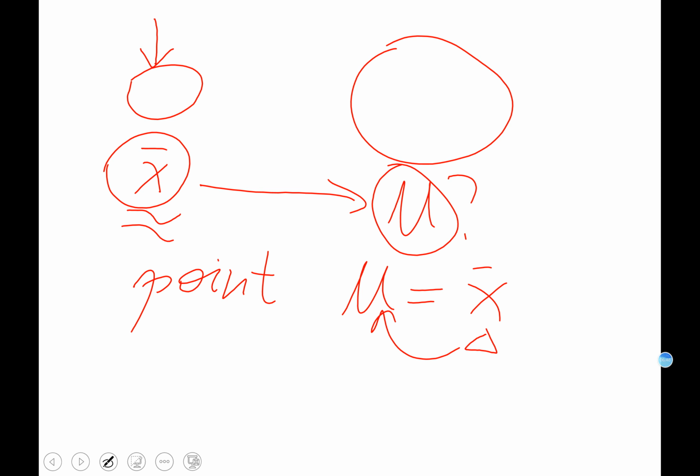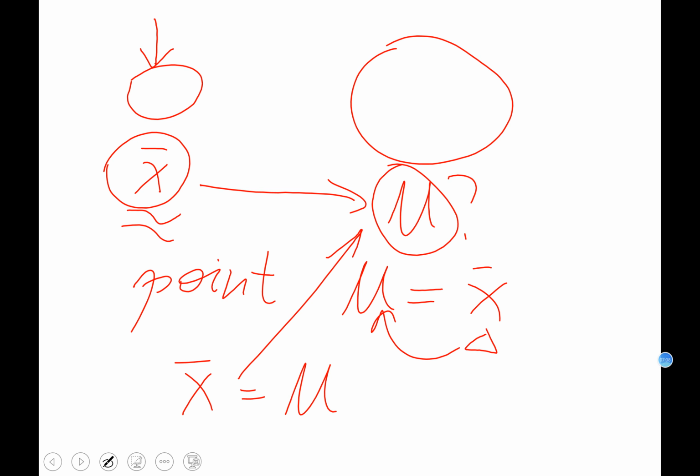So you will find that in our class, when we do some little quiz, when we don't know the population mean mu, but we know x bar, we can use x bar to represent mu. That means we can believe that mu equals x bar.